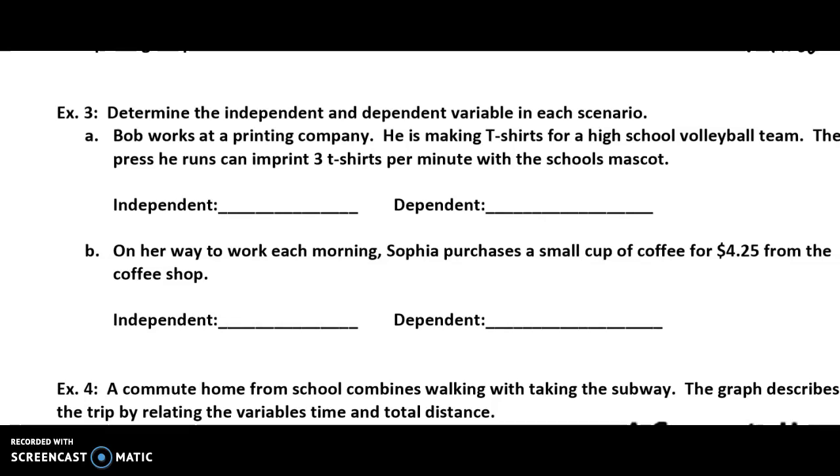So in this scenario, the number of t-shirts that Bob can print depends on how much time he has. Therefore, the number of t-shirts is the dependent variable, while the time is the independent variable.